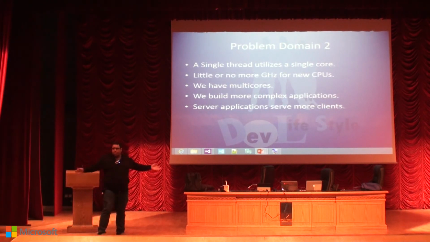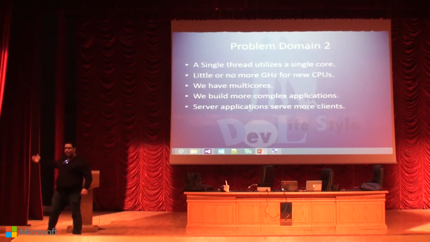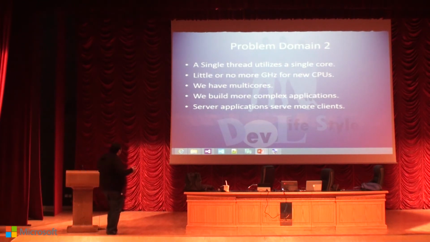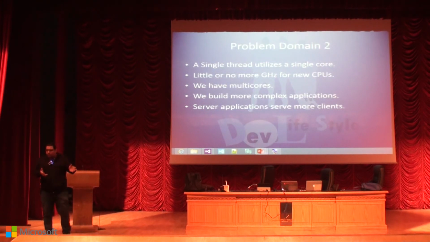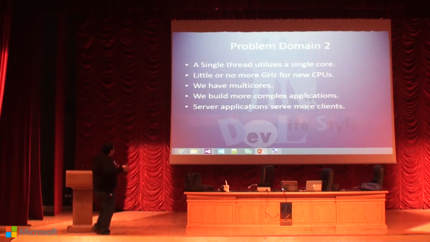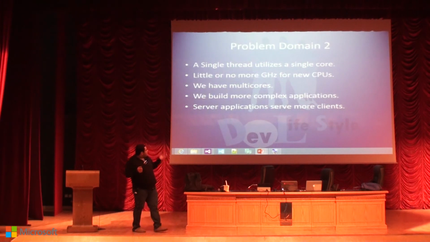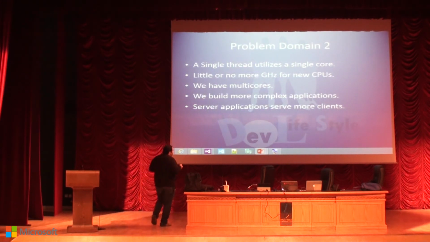And we have multi-cores. Now, if you get a mobile phone, you have quad core, so you have 4 cores, rather than having server or a good laptop. And we tend to build more complex applications with time that deal with huge processing, big chunks of data, and we have server applications that serve more clients every day.